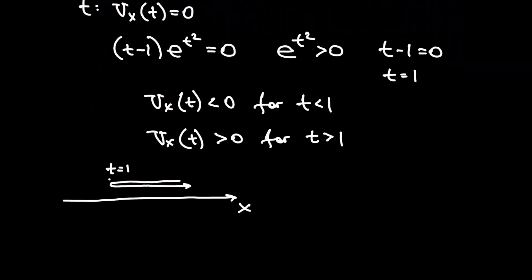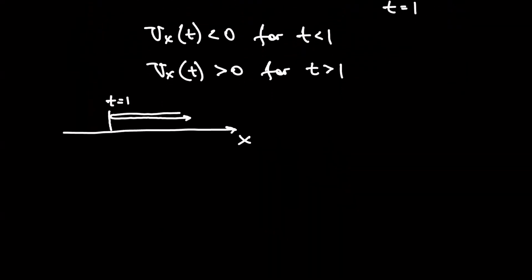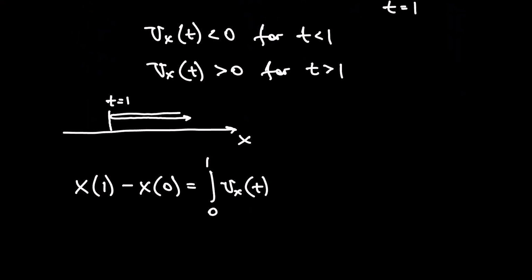So this point at time t equals 1 is the farthest to the left. So let's calculate that point. And by the fundamental theorem of calculus, x at time 1 minus x at time 0 is equal to the integral from 0 to 1 of v sub x of t dt.